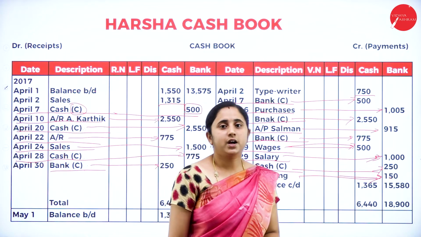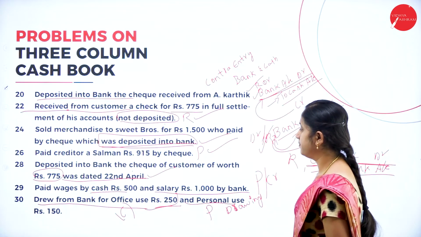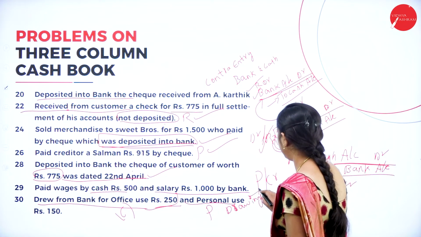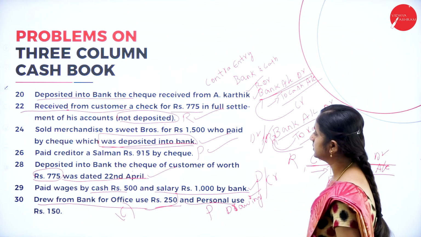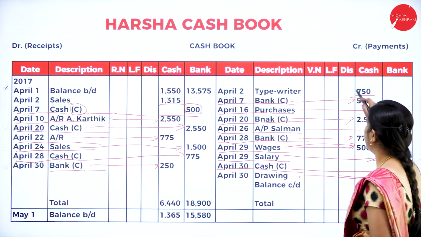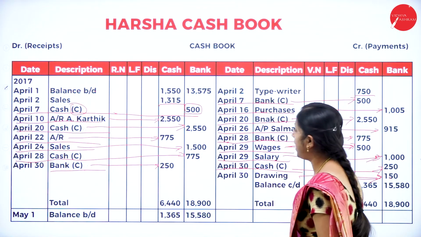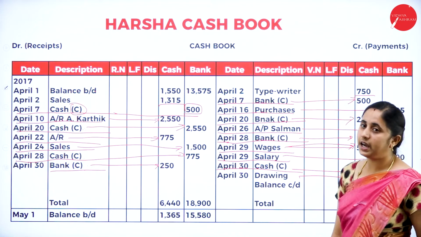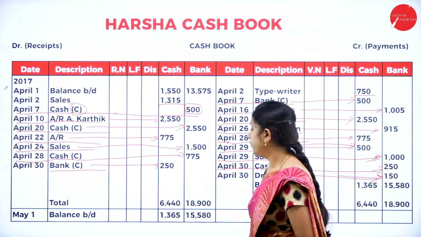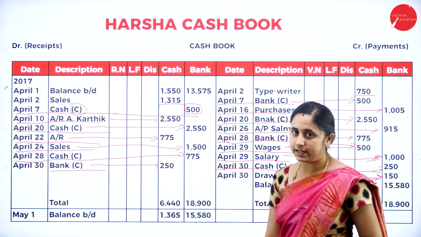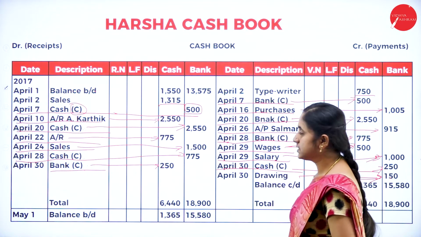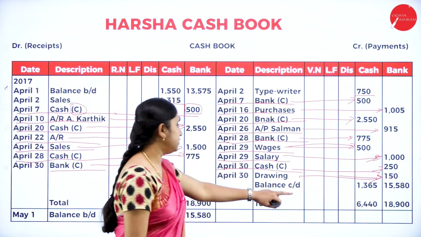Now after recording all the transactions, we have finished all the transactions. So now make a total of all the cash and bank. Whichever is higher. So 6,450 of debit side cash balance. Both the sides 6,450.